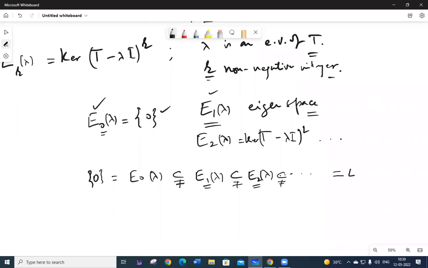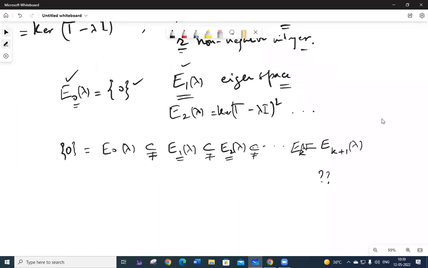So somewhere this has to be the same as E_{k+1}. Why? Because V is a finite dimensional vector space. Due to that control on the dimension of V, the chain has to terminate somewhere.